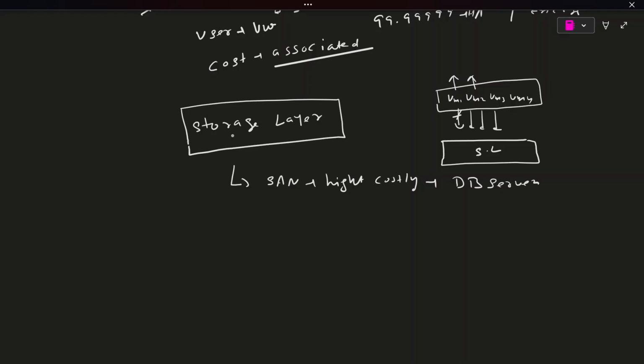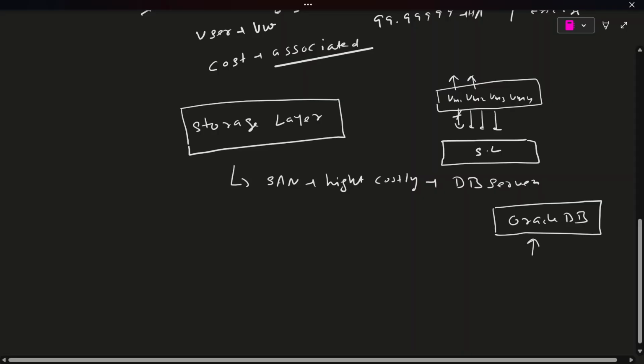Let's say we have some SQL database. Let's take the example of Oracle. We have this Oracle DB engine, which is some physical server. Now to this physical server, we will attach some SAN storages.